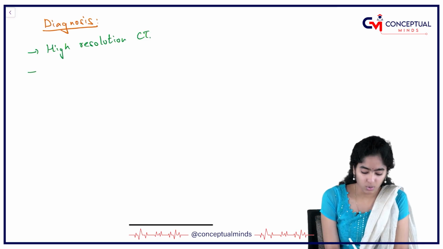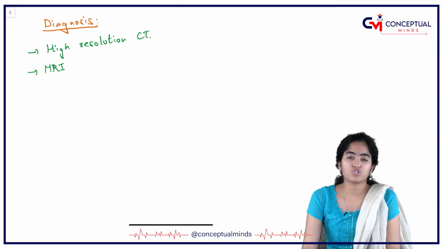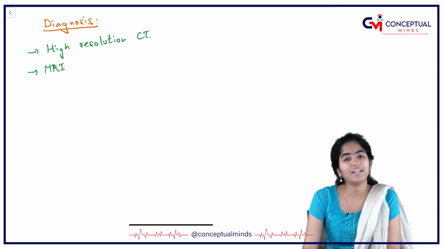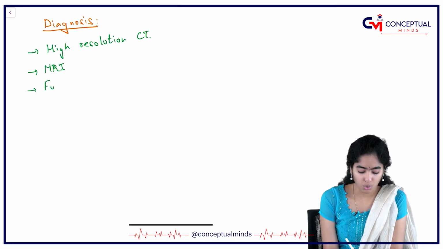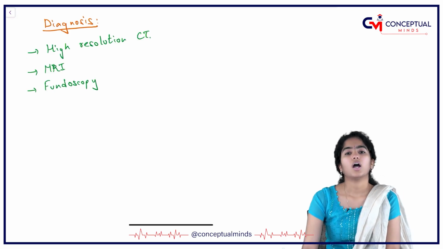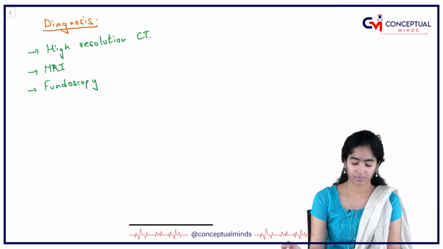After CT, we can also get an MRI done. An MRI will show middle ear pathology also. If there is any infection and fluid present in the middle ear, it can be seen via an MRI. A fundoscopy can be done to visualize the papilledema changes in the eye.